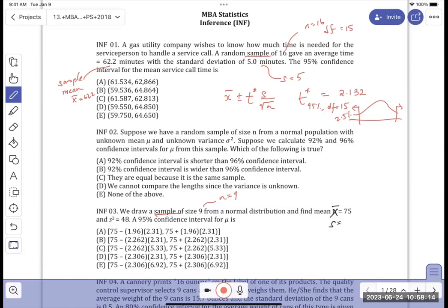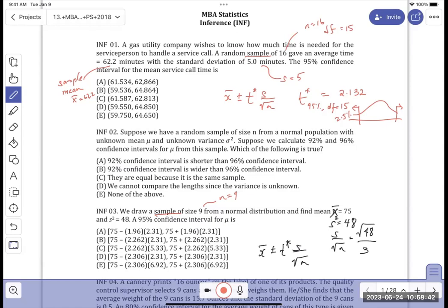And so what you need is X bar plus or minus T star S over root N. So S over root N is the square root of 48 divided by the square root of 9, which is 3.